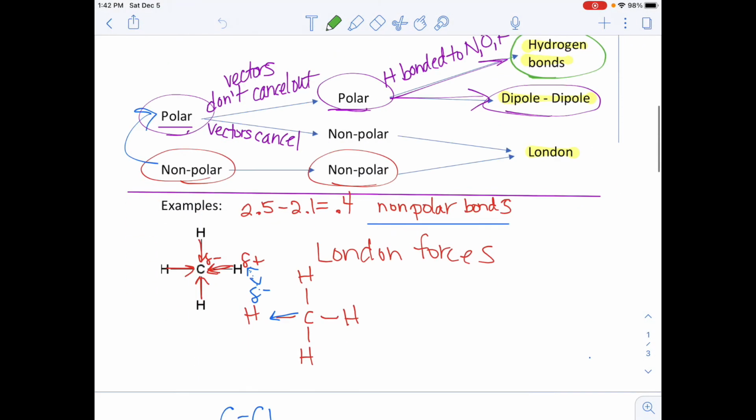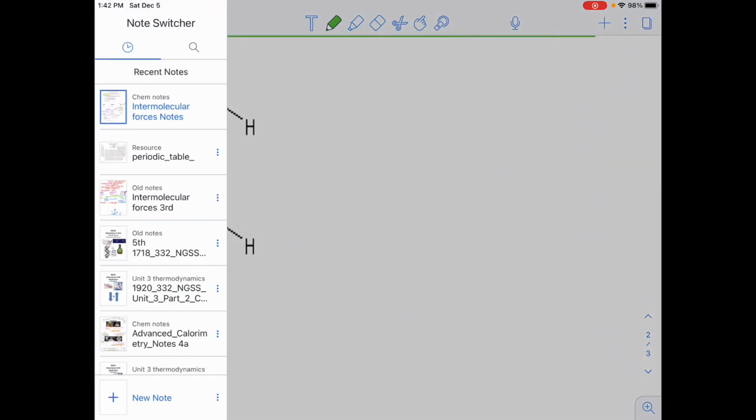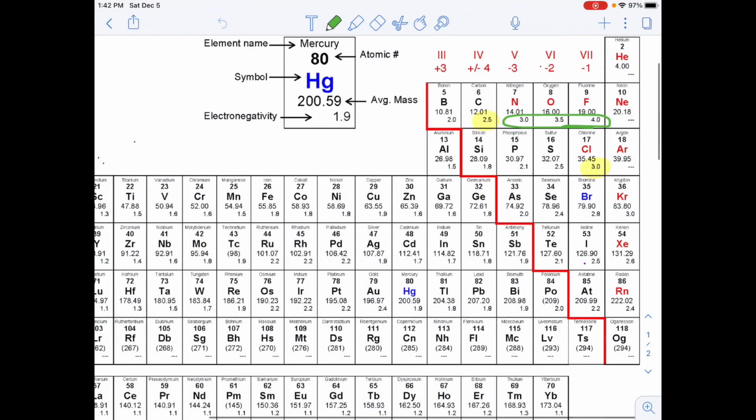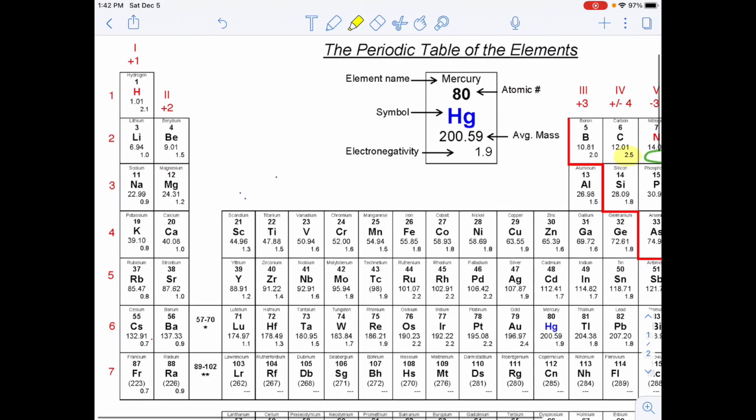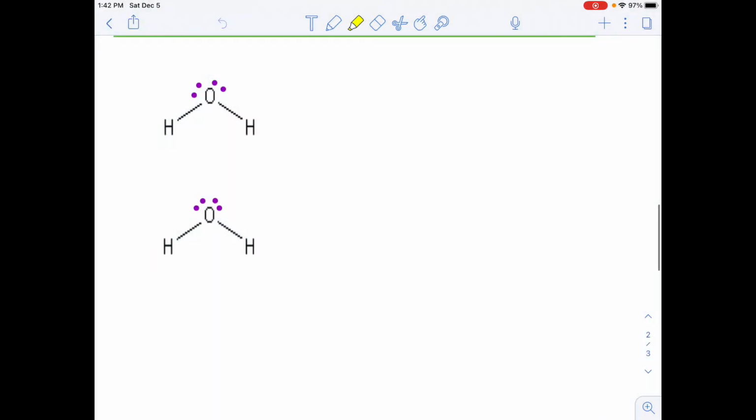So if we look at water down here, if we look at hydrogen and oxygen, oxygen has a 3.5 electronegativity and hydrogen is 2.1.